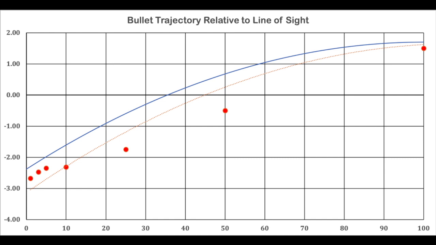For example, at 25 yards, the model is predicting that we'd only be like a 1/2 inch low, but our actual data point indicates that we're more than 1.5 inches low.